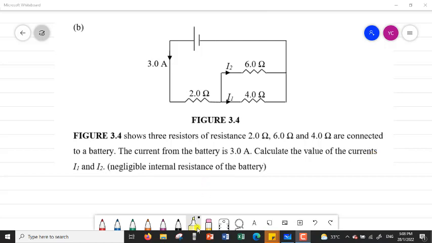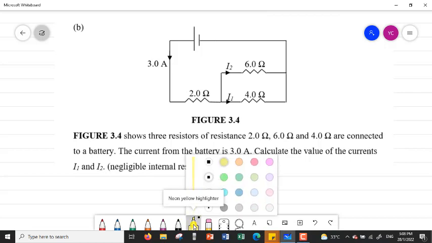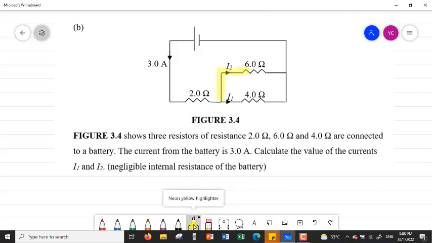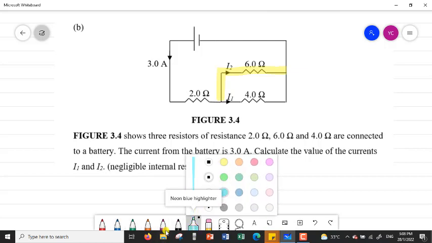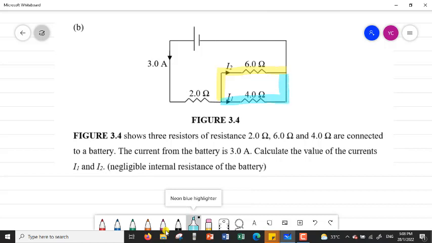So we can see obviously when we analyze the circuit, we find out that the 6 ohm resistor is connected in parallel with the 4 ohm resistor. They are connected in parallel. So I label this one as R2, this one as R1.